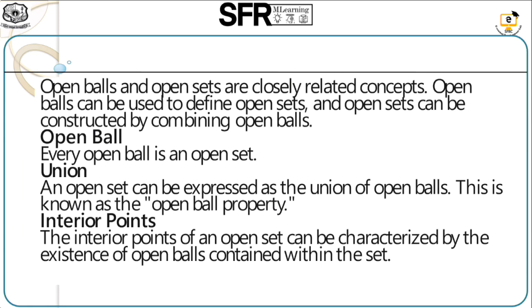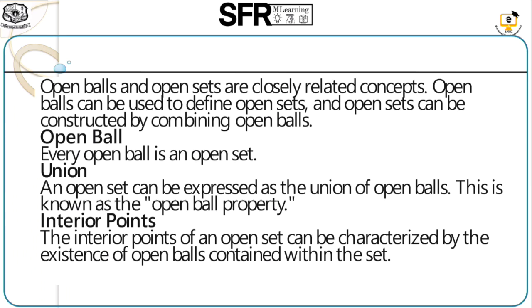Suppose a point y belongs to B(x, r1), then d(x, y) is less than r1, which is equal to r minus d(a, x). Therefore, d(x, y) plus d(a, x) is less than r. For the point y, the distance d(a, y) is less than r, hence the point y belongs to the open ball B(a, r).